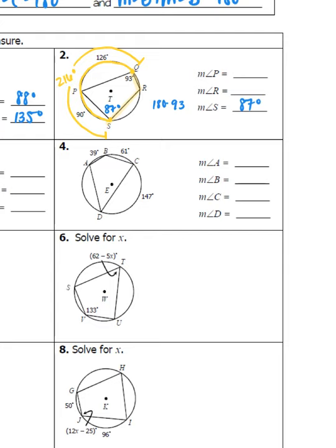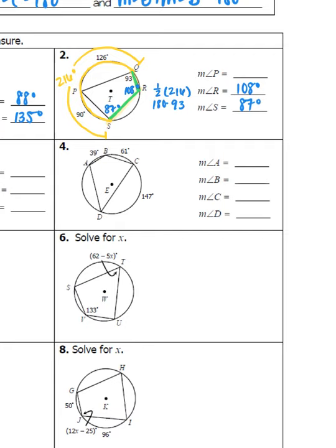Now, remember, this is an inscribed angle, okay? Angle R is an inscribed angle. So in order to find the measure of angle R, we can just take half of its arc. So we have half of 216, which gives me 108.